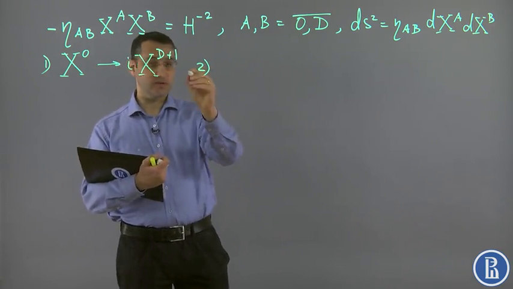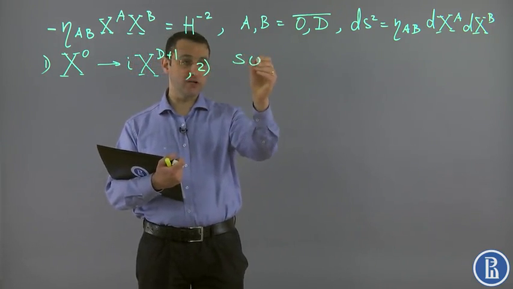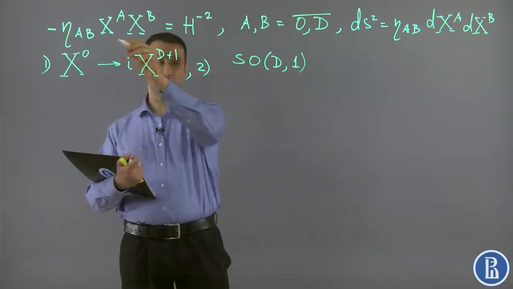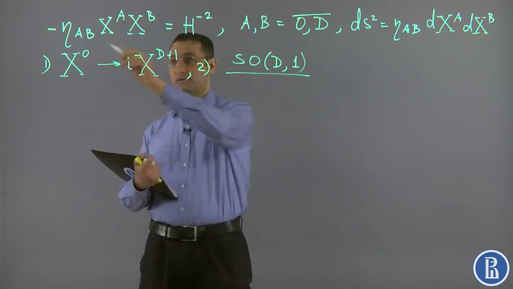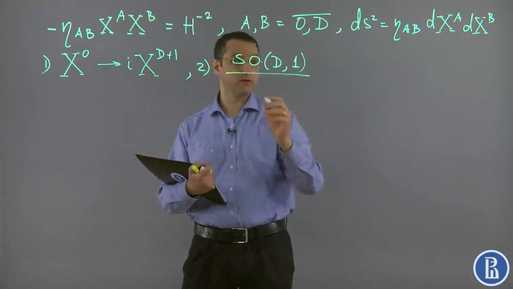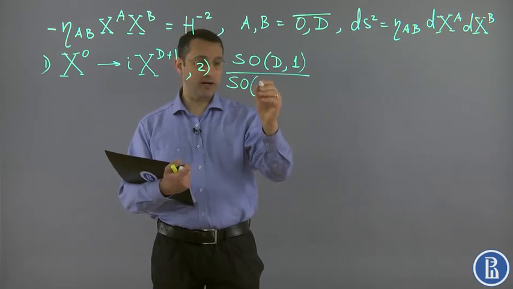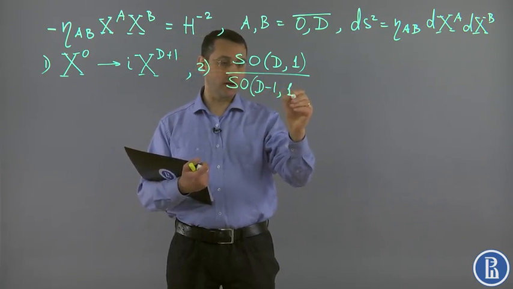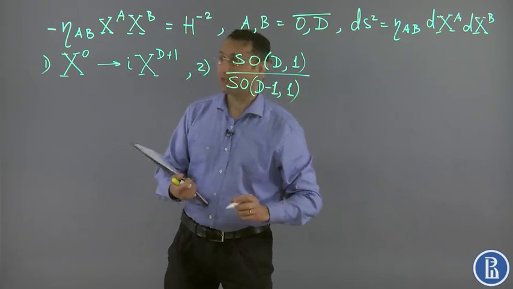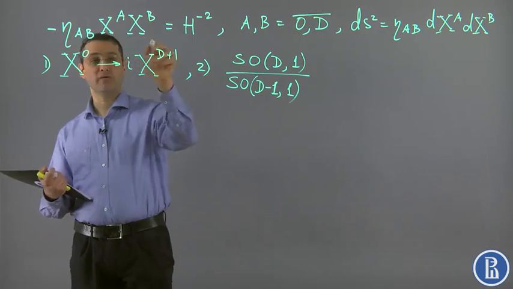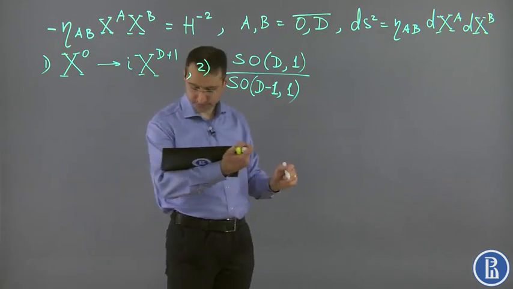A second observation was made that this is a homogeneous space, with SO(D,1), the isometry group of the space, which is the Lorentz group of d plus 1 dimensional Minkowskian spacetime, over SO(D minus 1, 1), which is a stabilizer, a subgroup of this group, which doesn't move an arbitrary point of this space.